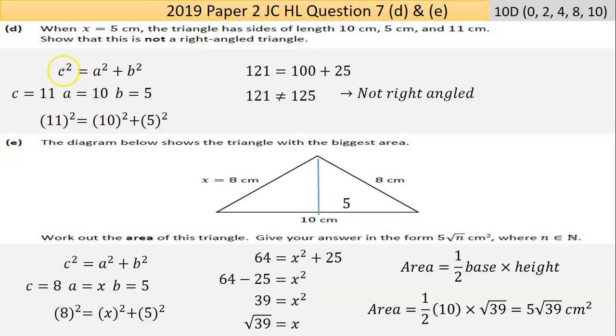I'm a little old school; I would call that the hypotenuse squared equals the sum of the squares of the other two sides. The longest side is going to be the hypotenuse, or the c value, that's 11. The other two sides, it doesn't matter if you call them a or b. Put them into the equation. Is 11 squared equal to 10 squared plus 5 squared? Put it into the calculator. Is 121 equal to 100 plus 25? No, it's not. Therefore, it's not right angled.